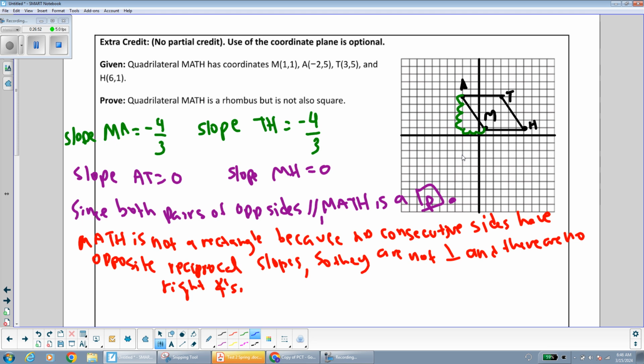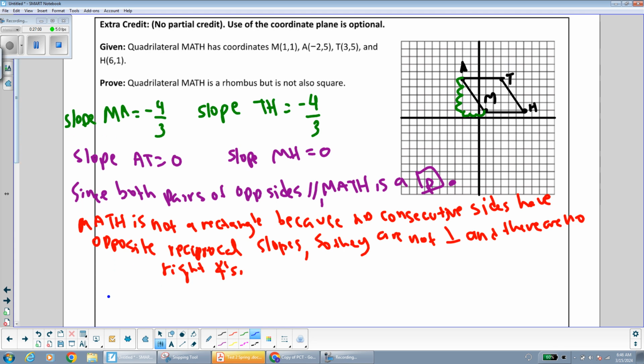I prefer slope formulas, so I'm going to show that diagonals are perpendicular, AH and MT. So formula for that, so slope of diagonal AH, so that's going to be y2 minus y1 over x2 minus x1, and that's negative 4 over 8, which reduces to negative 1/2.